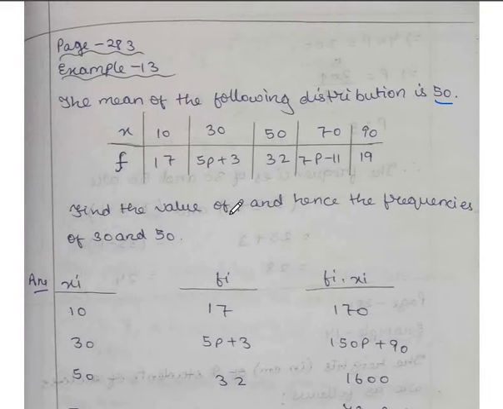Find the value of P, because this frequency and this frequency are both unknown. Frequencies for 30 and 70 are both unknown. So find the value of P, and hence the frequencies for 30 and 70. This is not 50, this is 70.